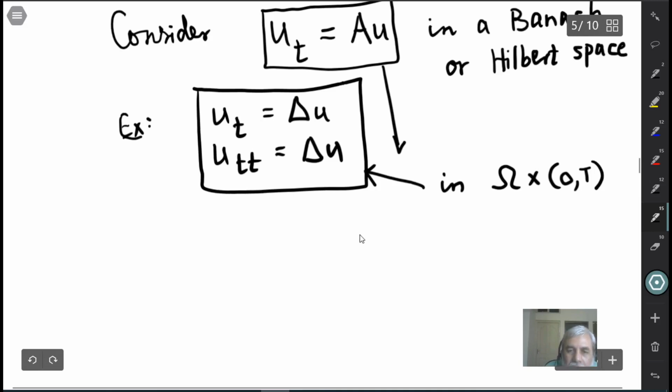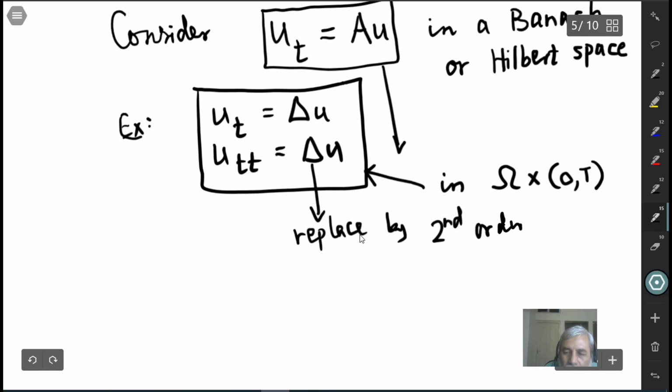So this Laplacian, we can replace by a second order elliptic operator, maybe with variable coefficients. Okay.